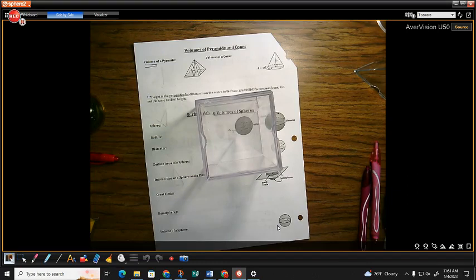Oh, but maybe that only works because they were triangles. Should we test and see if it works for any shape base? Yes, we should. Okay, so here I have a pyramid and a prism that have square bases and have the same height. Okay, so let's see if now that it has 4 sides, maybe it's a quarter. So do I have a volunteer? Hey Maggie, you were pretty quick on this one. Go, Maggie.